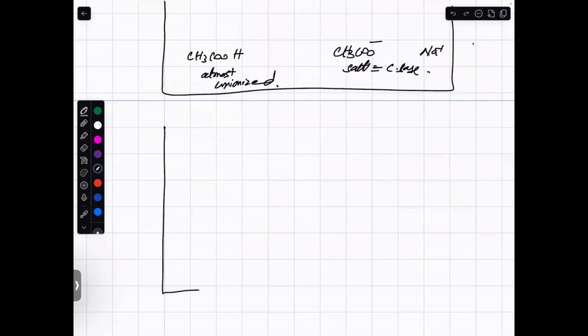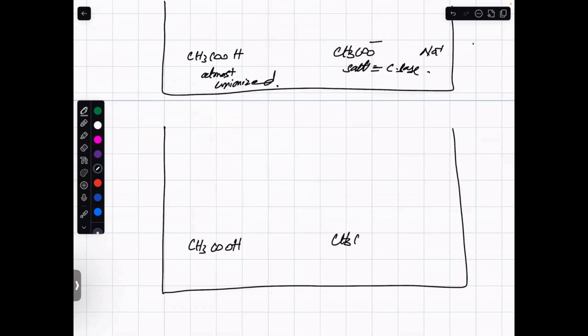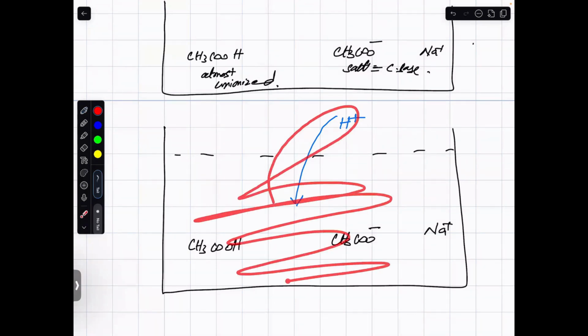If in your container, now, the weak acid is present, unionized, the conjugate base is coming from the salt. Now, in this solution, if H plus comes from outside, will this H plus change the pH of that whole solution?